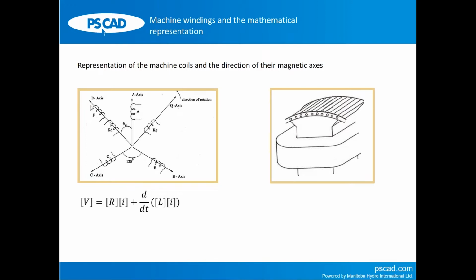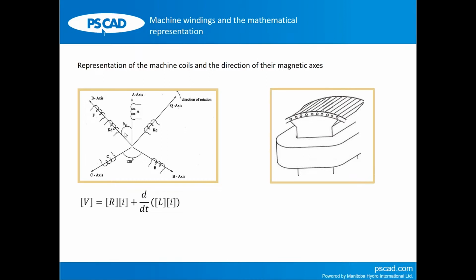Also note that the D-axis and the Q-axis, or in other terms the field winding and the damper windings, are constantly rotating, which means their position with respect to the stationary stator windings is constantly changing.